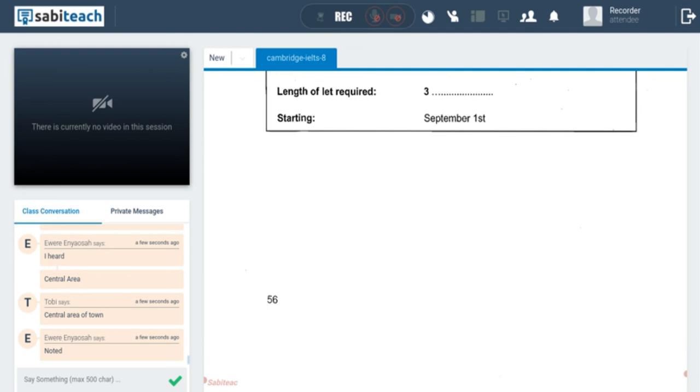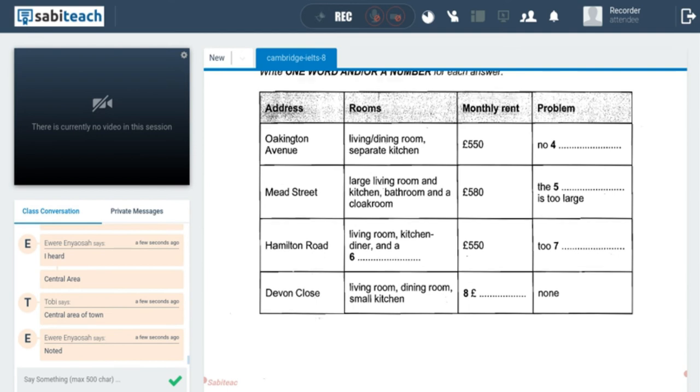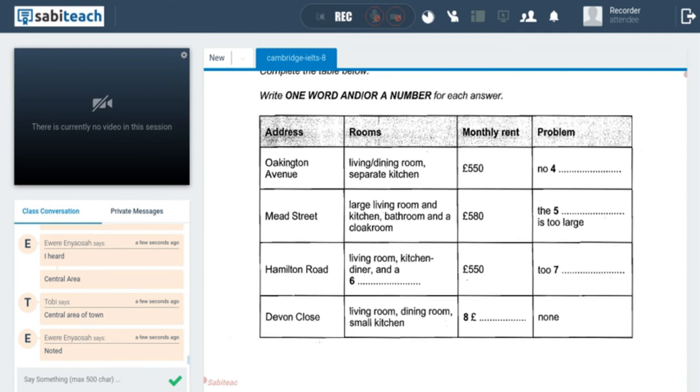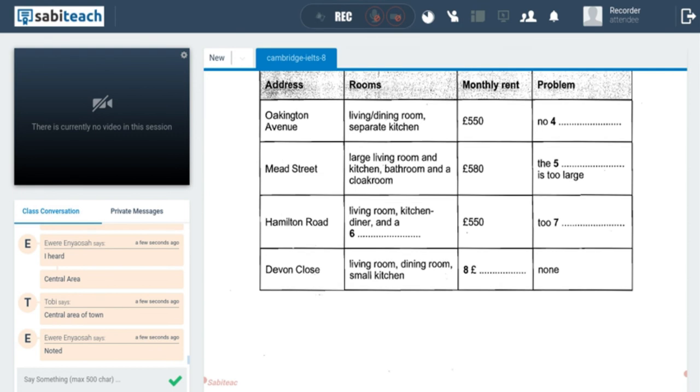We have photographs of all the houses on our book, so you can get an idea of what they're like. There's this one in Oakington Avenue at £550 a month, combined living room and dining room with a separate kitchen. It doesn't have a garage, though you can park in the road. We'd prefer to have one if possible. Right. Then have a look at this house in Mead Street. Mm-hmm.